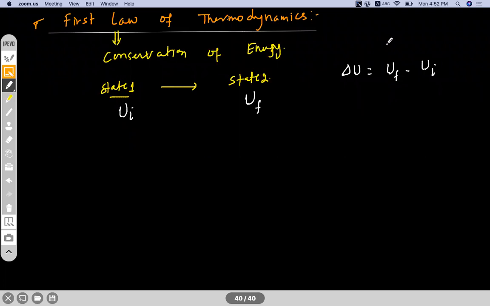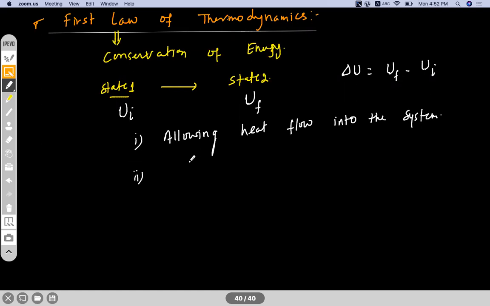Now this change in internal energy we can do by heat flow, by allowing heat flow into the system, or we can also do it by work done on the system, or by the system.